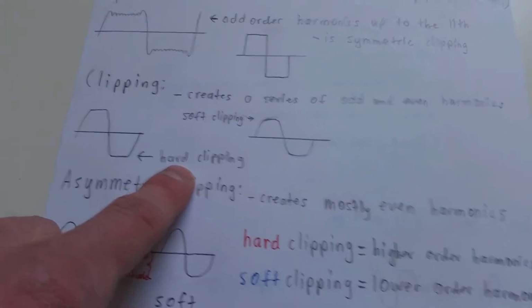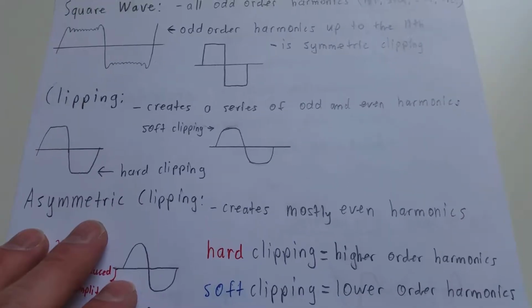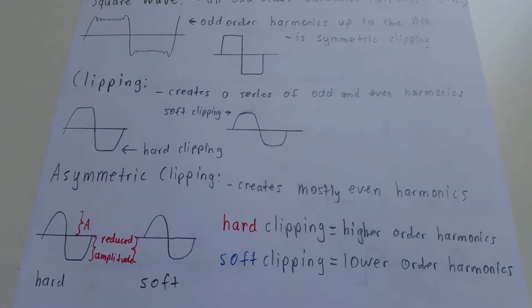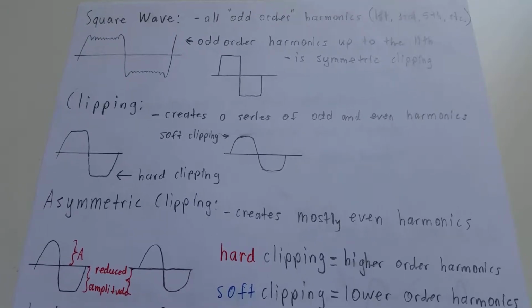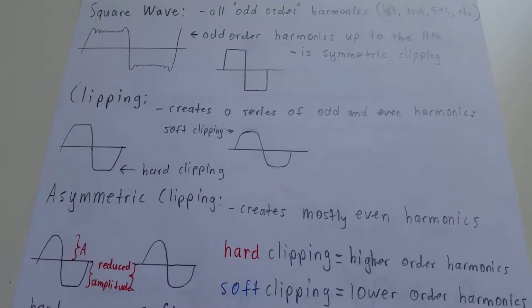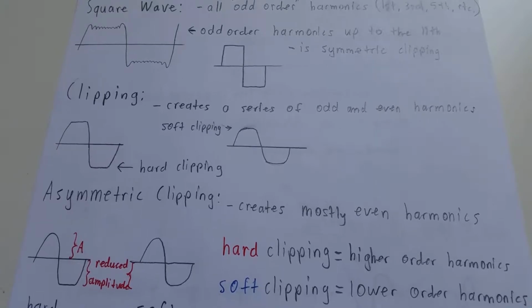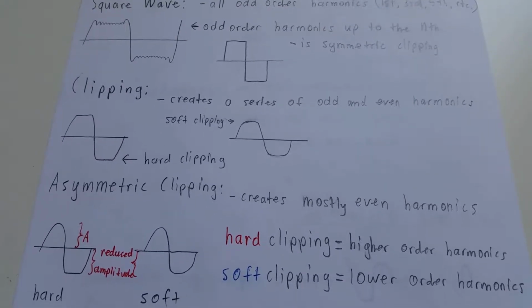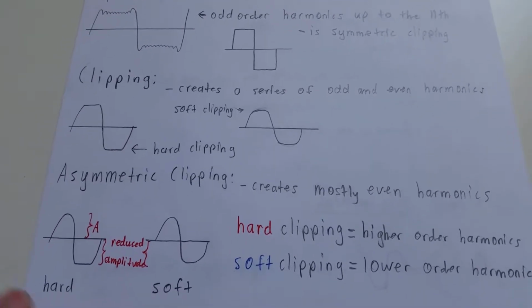Hard clipping tends to generate higher order harmonics, whereas soft clipping tends to generate only lower order, like a second or third harmonic, as opposed to like 11th or 12th.